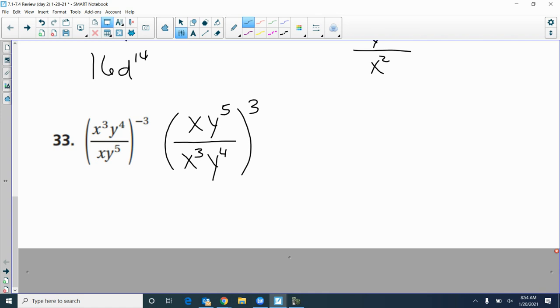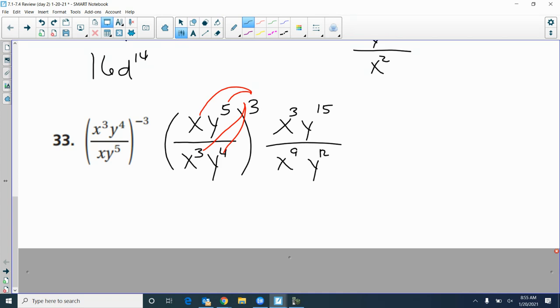Okay, now this is going to go to all these terms in here. It's going to go there, there, and then down here, and down here. So I get x to the 3rd, y to the 15th, over x to the 9th, y to the 12th.